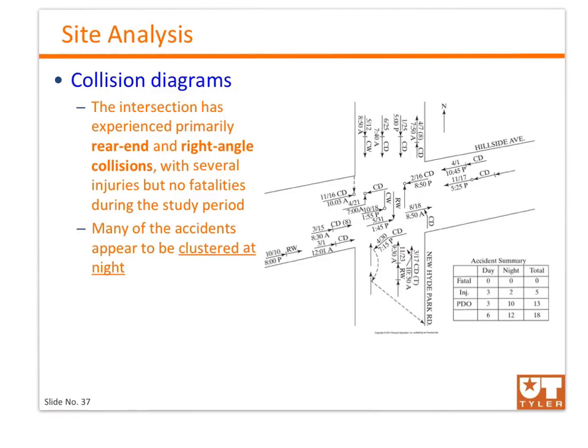How about injuries or fatalities? We could see that the majority are injuries but no fatalities during the study period. How can you tell? From just looking at the diagram, you could see those circles are empty circles. If they are full circles, that means it's a fatality, based on what we saw in the previous slide.